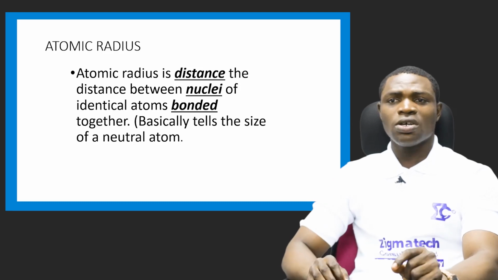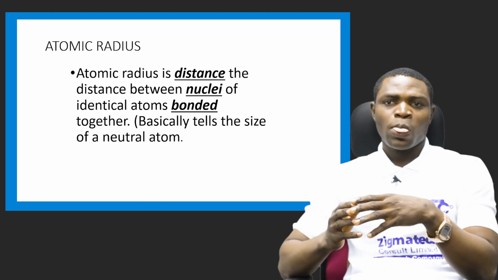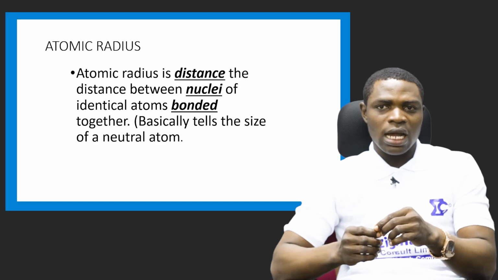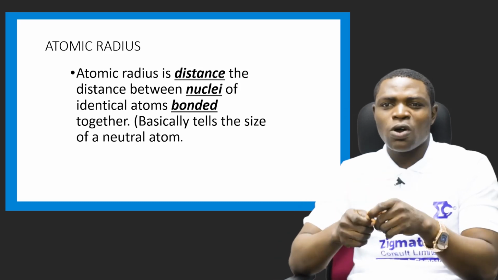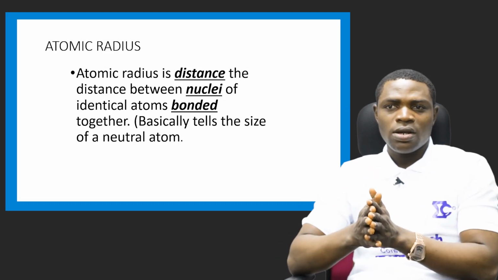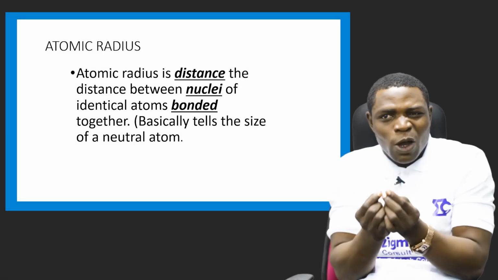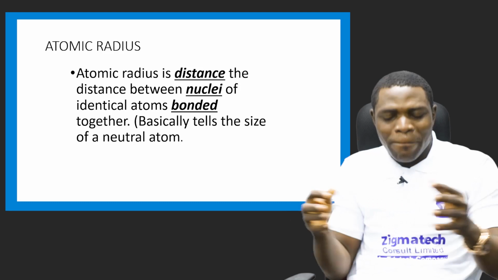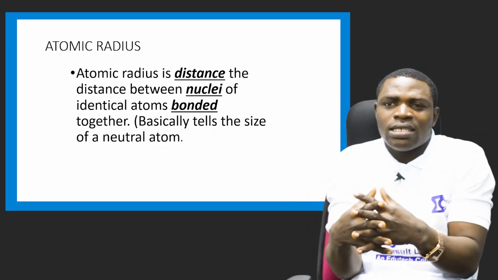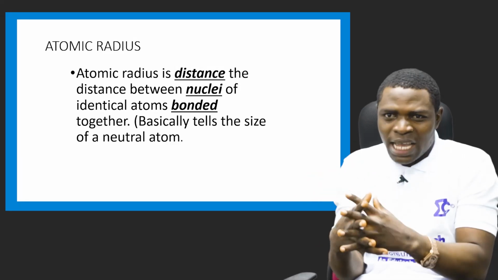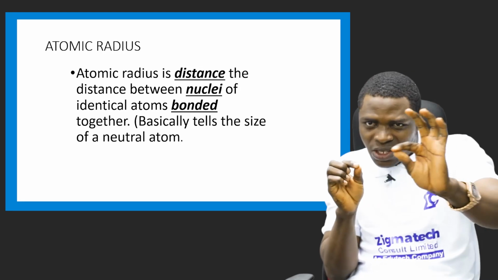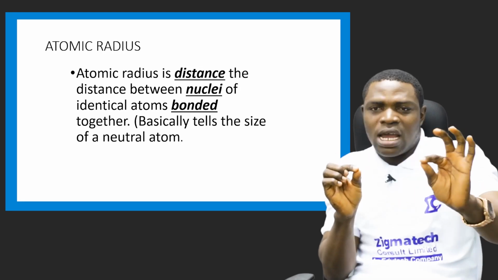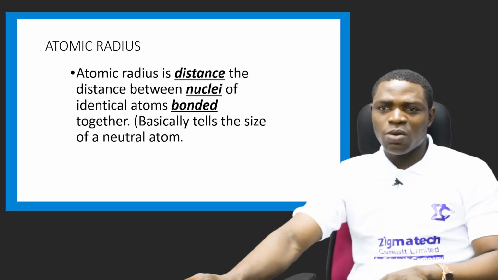Now, atomic radius is the distance between the nuclei of identical atoms bonded together. Remember, the nuclei of identical atoms chemically united together. So the distance between the nuclei is what we call atomic radius.